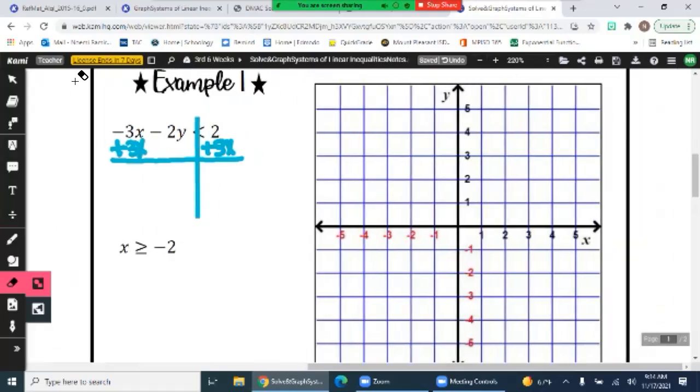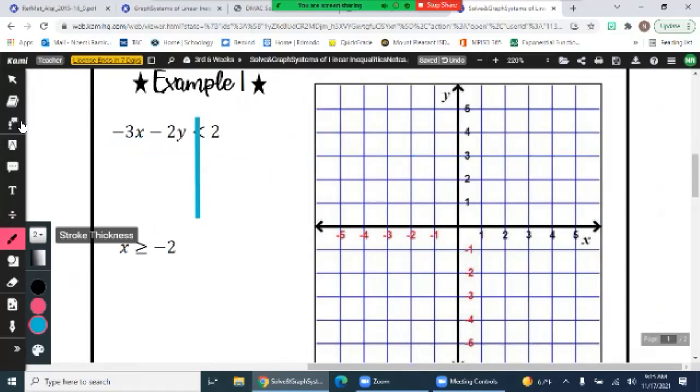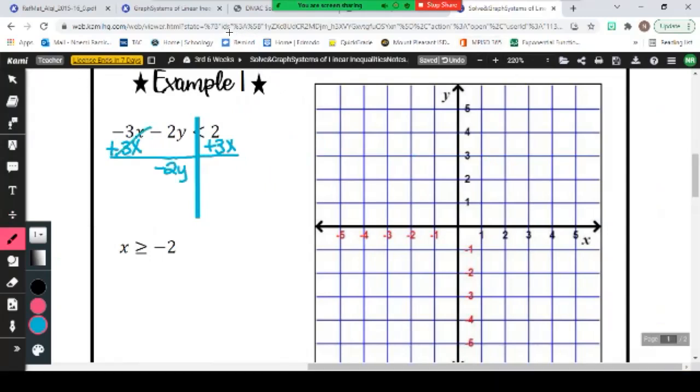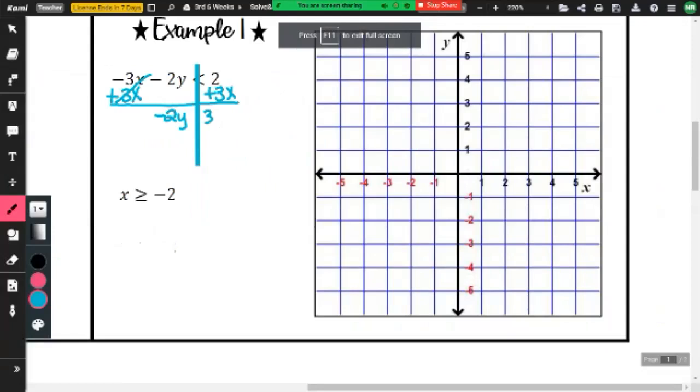Here we go. So plus 3x. When you bring that 2 down, it's negative, so negative 2y. And then 3x plus 2. Last step, you want to divide by a negative 2.